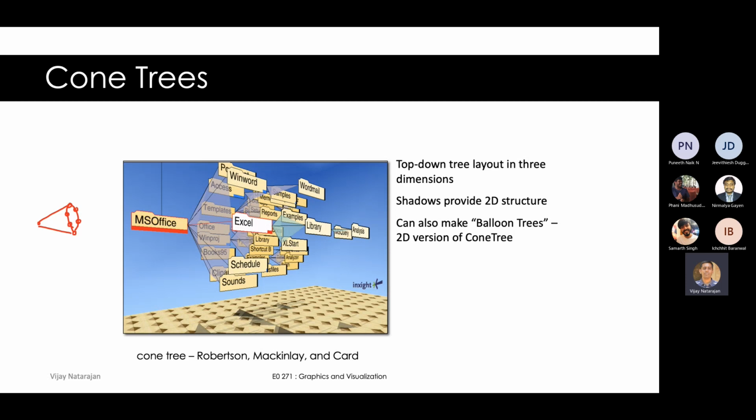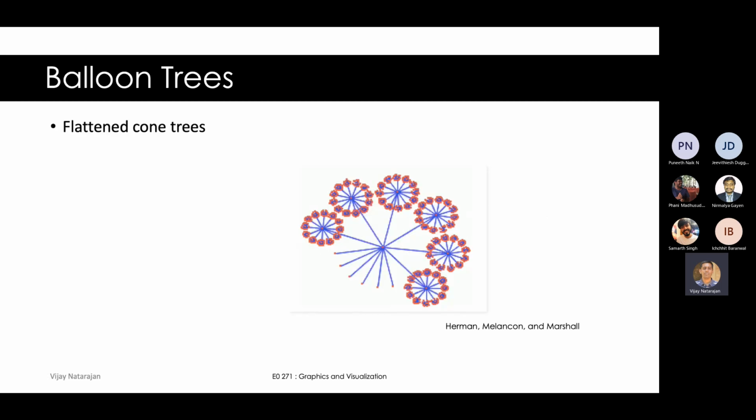There is a variant of this called the balloon tree in 2D, which is quite efficient and is used. The idea is this. Unlike the radial layout, where you use concentric circles to map nodes from every depth, what you do here is you take the root, which is at the center, and its children are positioned on a circle centered at this node.